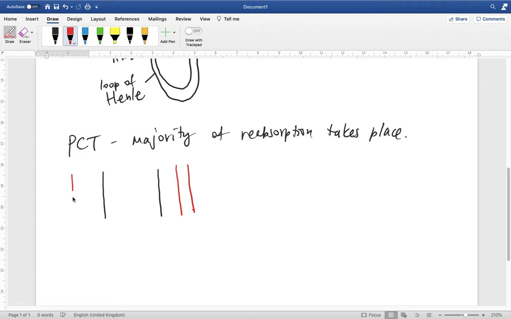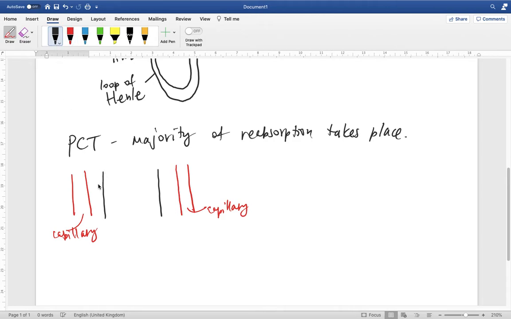So I could do it like that, just to clarify. Try to imagine this is a capillary and this is another capillary, the capillary on the other side. And between these two black lines, that's where your PCT is.